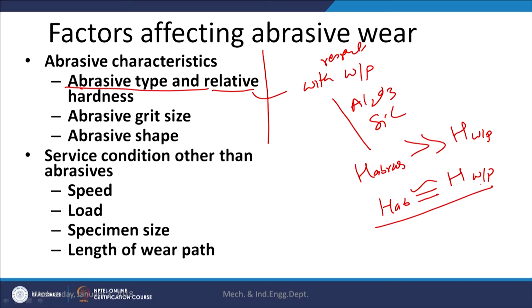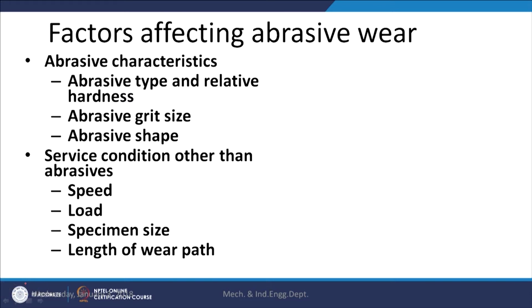Now we will take up the other factors related to their effect on abrasive wear behavior. The other factor is abrasive grit size. If this is the surface of the workpiece under the influence of abrasion and the particle size is small, then under given load conditions it will cause a limited indentation, at most up to half of the diameter of the particle.